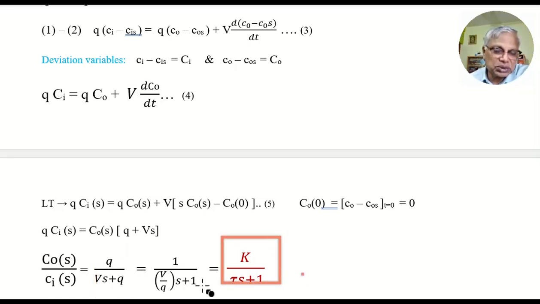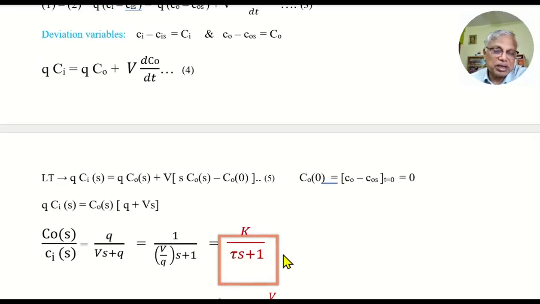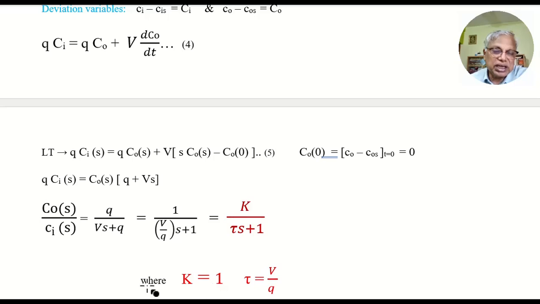This Q by Vs plus Q can be made into K by tau s plus 1 form by dividing the numerator and denominator by Q. So if we divide by Q, the numerator is 1, and the denominator is V by Q into s plus 1. So this is of the first order transfer function form K by tau s plus 1, where the gain K is 1 and tau is V by Q.